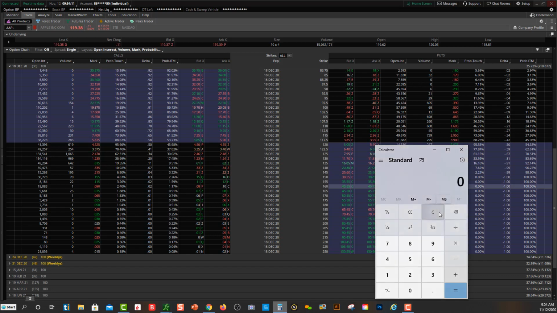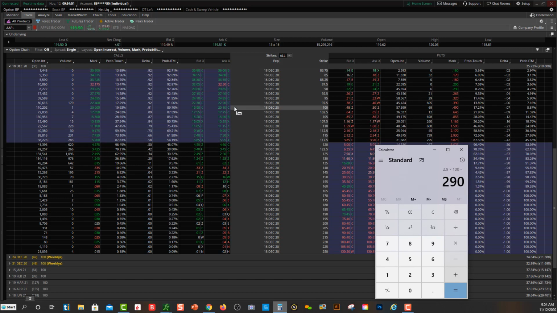So again, in this scenario, 5.90 times 5 times 100, that'd be $2,900, right? And if you take 58 cents times 5, times 100, so if Apple moved up $1, that options contract can move up about $290.